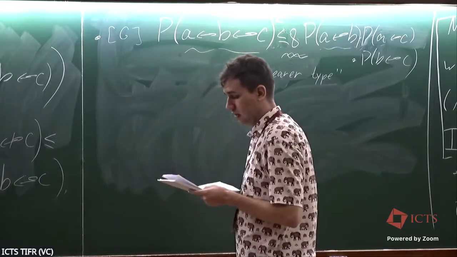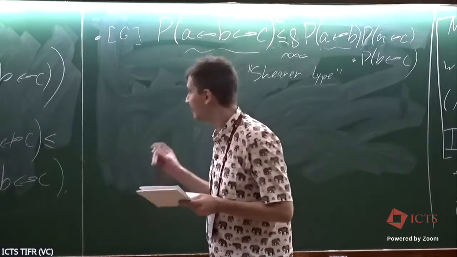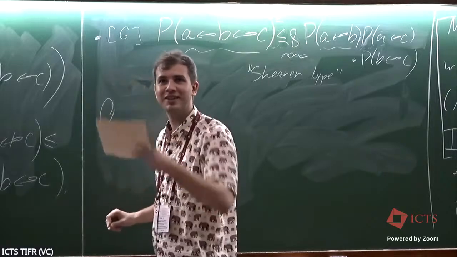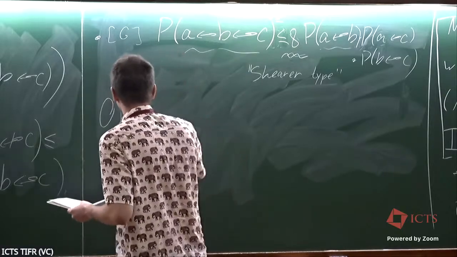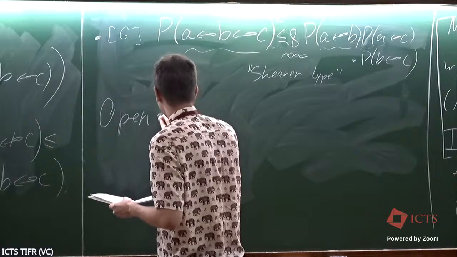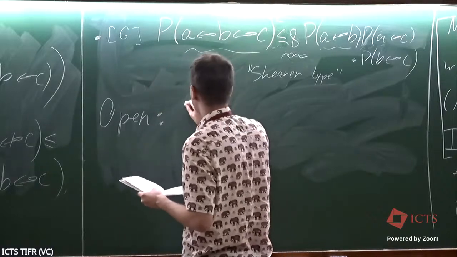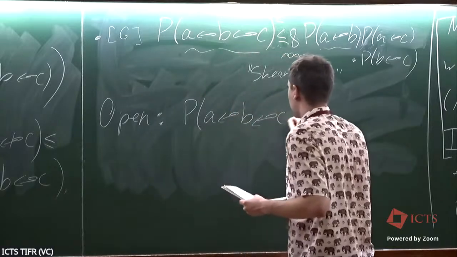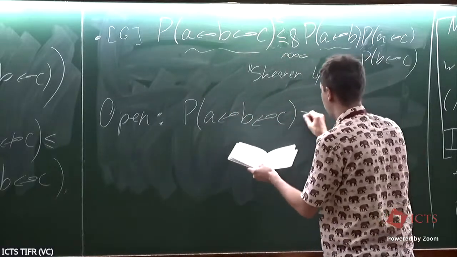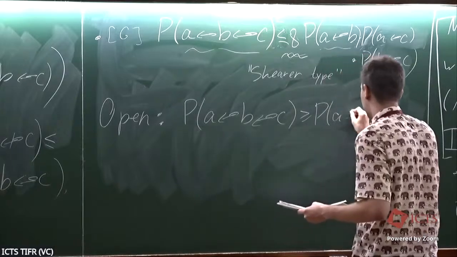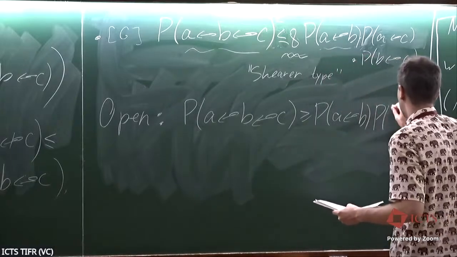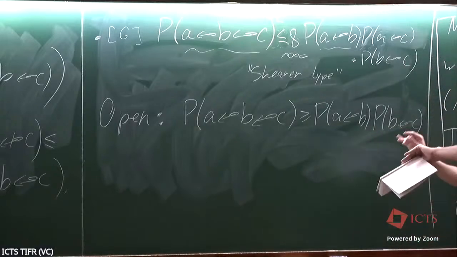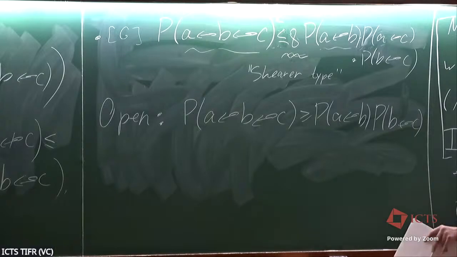And let me finish with my favorite open problem. Well, second favorite after Gadi's open problem, of course. So we know that we have this inequality, the Harris-Kleitman inequality for 3 vertices, and the equality case would be where B separates A and C in the graph.